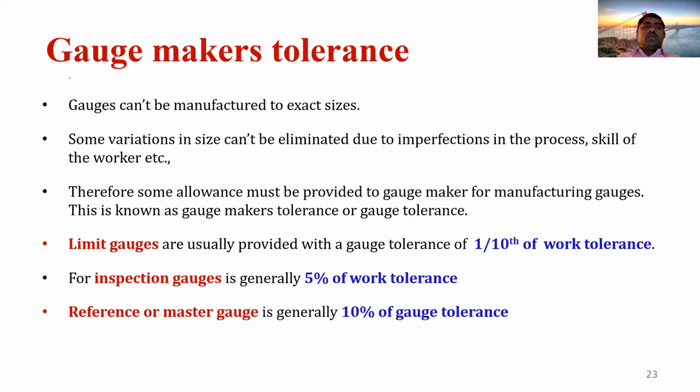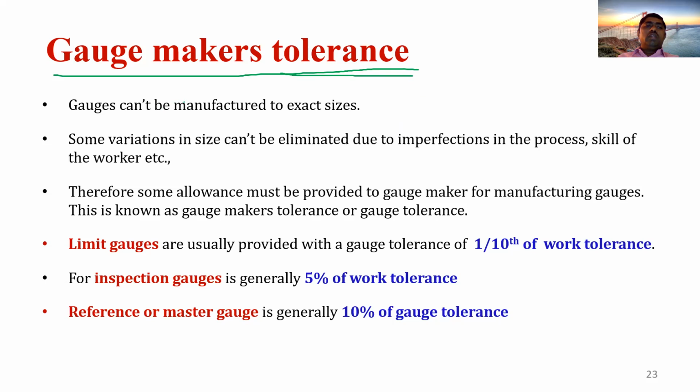Similarly, here we can discuss the gauge maker's tolerance. What is tolerance? Why do we need to provide tolerance for the components? Because two components cannot be manufactured with identical dimensions. So we provide some tolerance for the components.